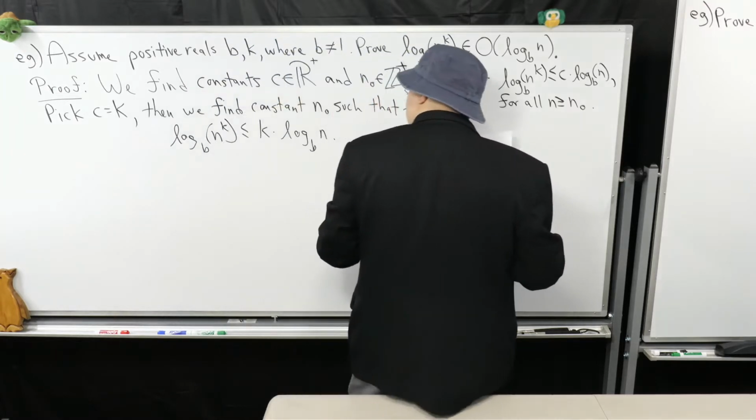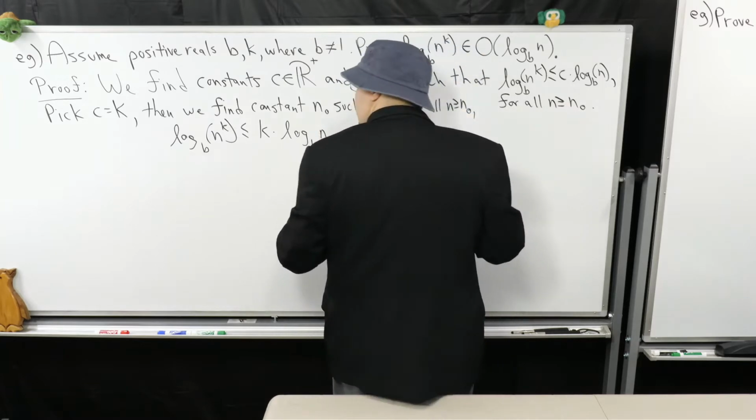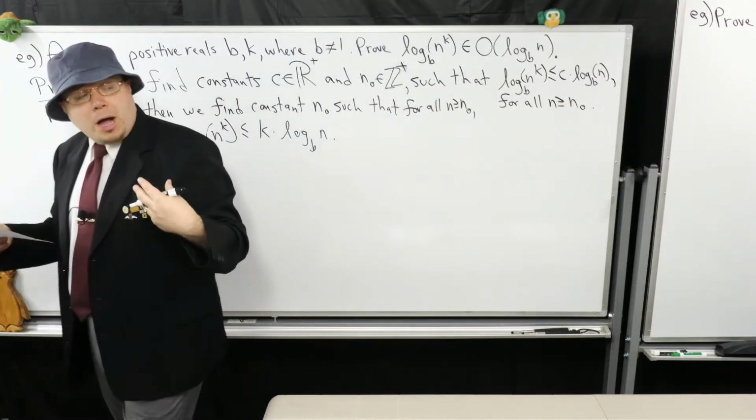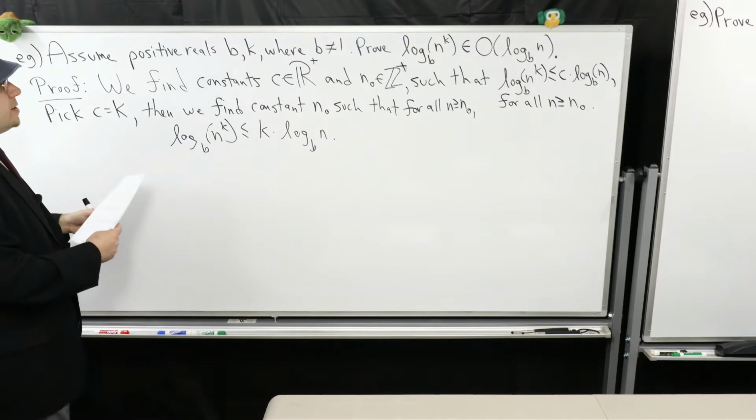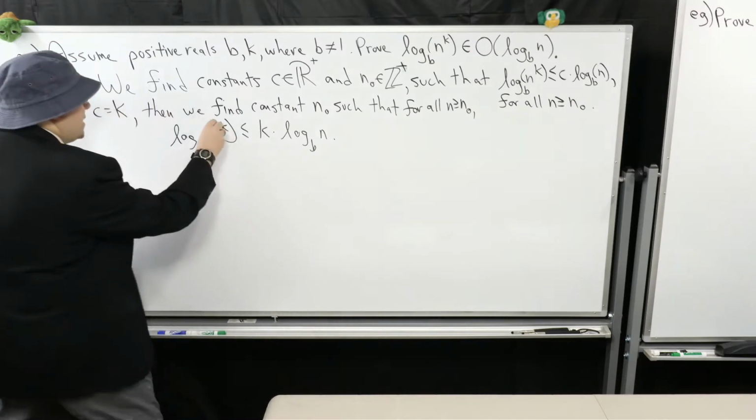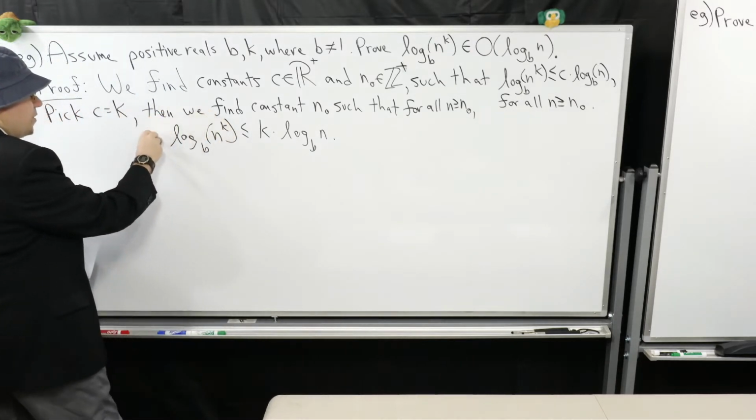That's what we're going to do next. Now this is where I'm going to invoke the power rule of logarithms. Remember, the whole idea is that you can take this exponent and drop it out in front.